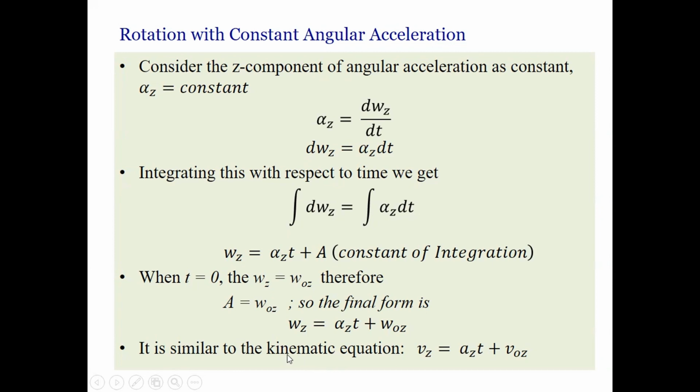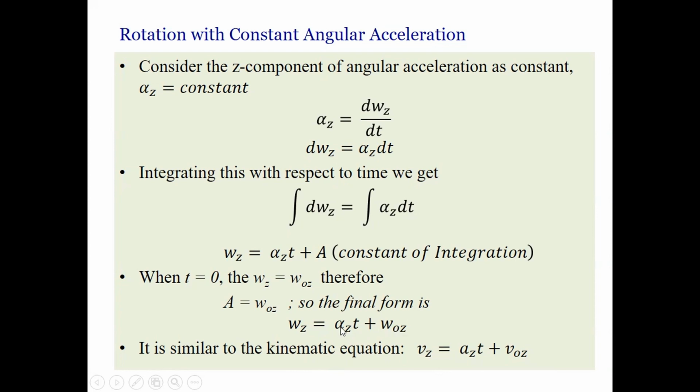This is very similar to the kinematic equation that we have already seen for linear motion, where velocity v z is equal to the acceleration a z times t plus v naught z. Here we have the final form omega z equal to alpha z times t plus omega naught z.